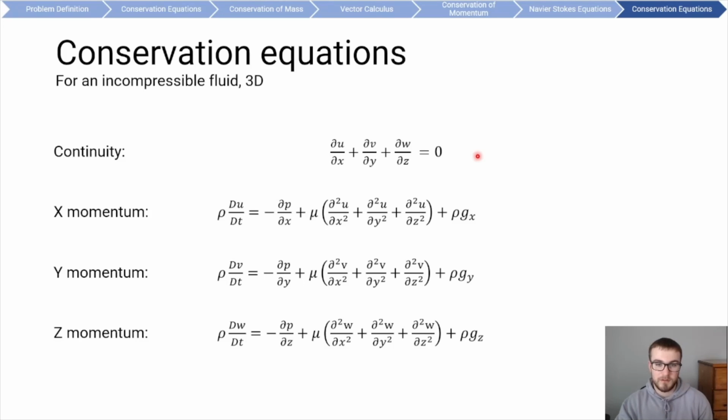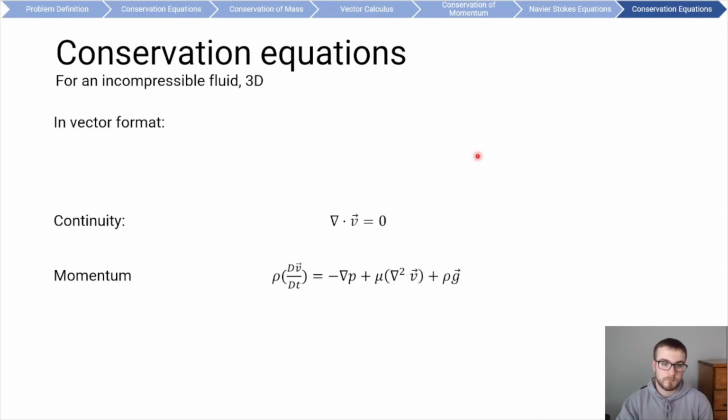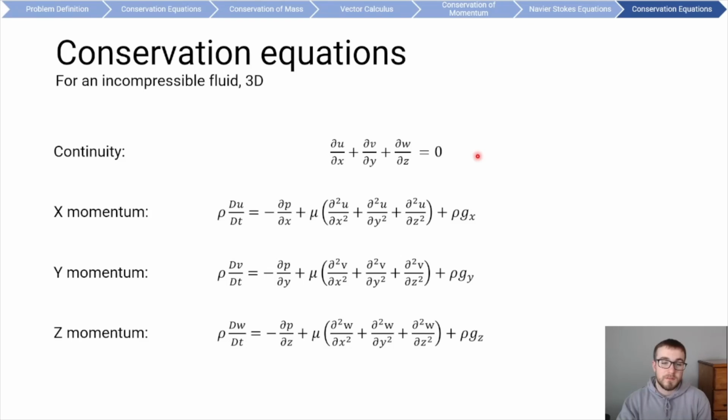Solving the conservation equations usually requires an iterative approach. So what we do in CFD is we provide an initial solution to these equations, and once we have an initial solution we can iterate until continuity is satisfied and we have our final solution. And this is what's done in the SIMPLE and the PISO algorithm.